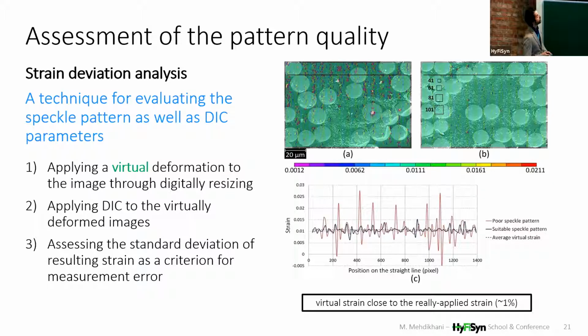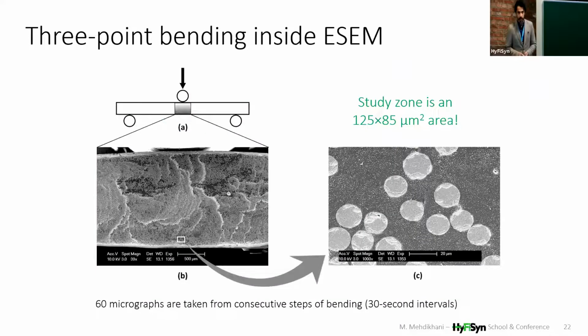And as you can see, for regions without a speckle, we have some deviation in strain, which is basically considered as an error because the deformation should be more or less uniform. So with this, we could evaluate the pattern quality, and then we had the specimen ready for the test.